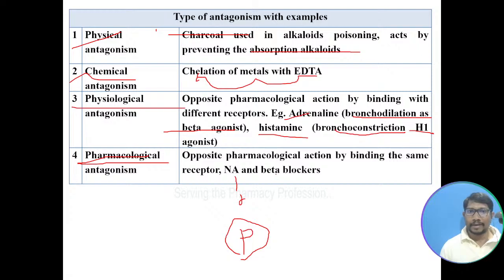Noradrenaline by interacting with the beta receptor increases the blood pressure. Beta blockers like atenolol and propranolol decrease the blood pressure by blocking the same receptor. So if the receptors are different, it is physiological antagonism. If the receptor is the same, it is pharmacological antagonism.